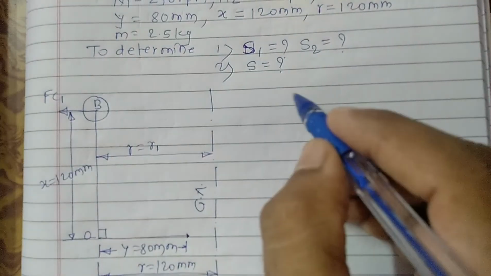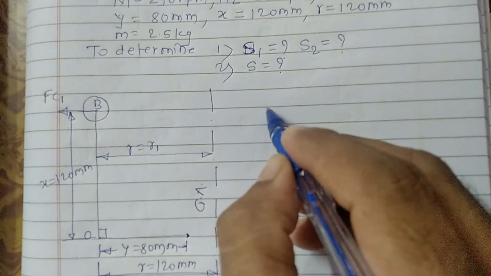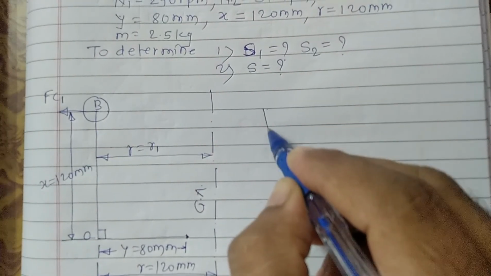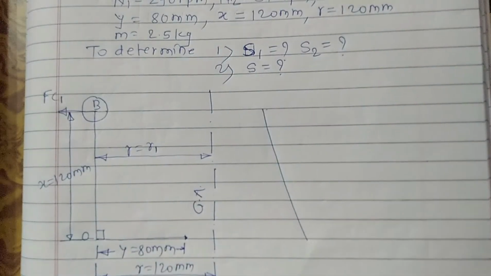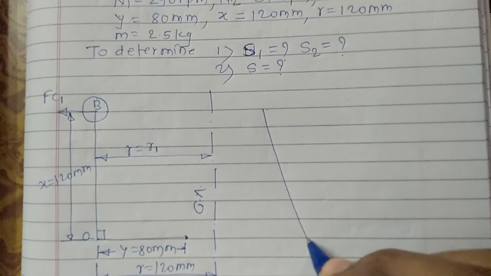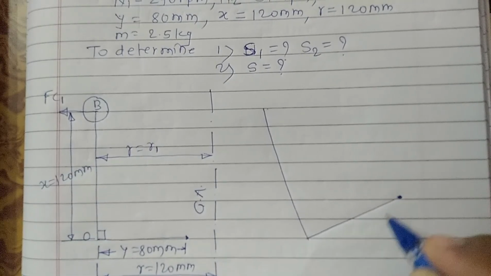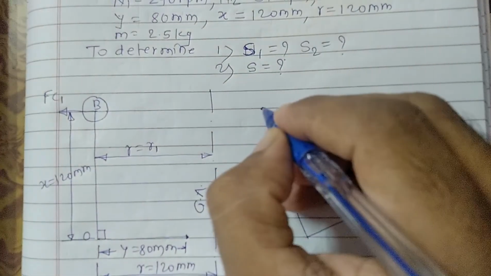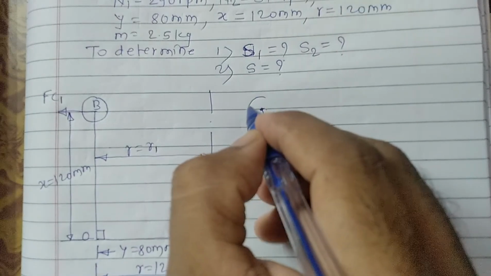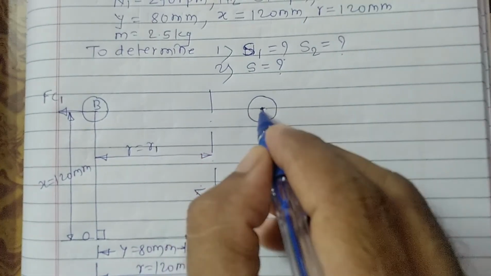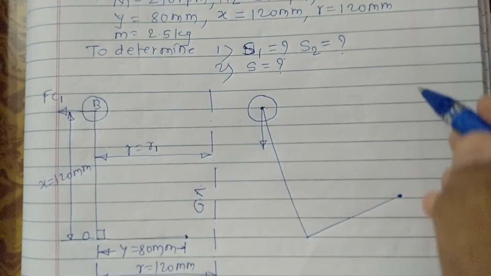Now draw the diagram considering the highest position. In this case the position of the lower arm as well as the upper arm will change. This one acts in the downward direction.